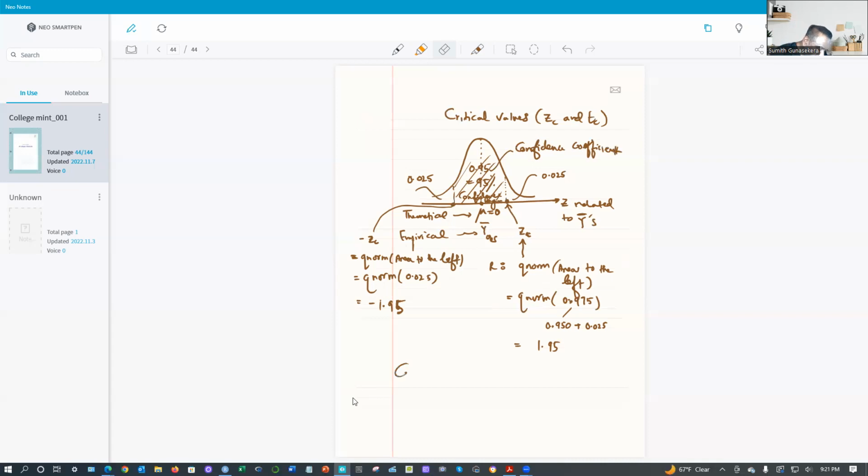I denote the confidence coefficient by 1 minus alpha. 1 minus alpha is nothing but the probability that the population mean falls within the given confidence interval.